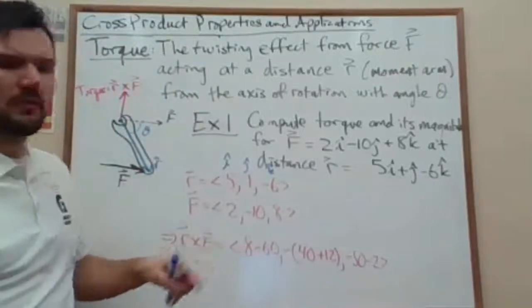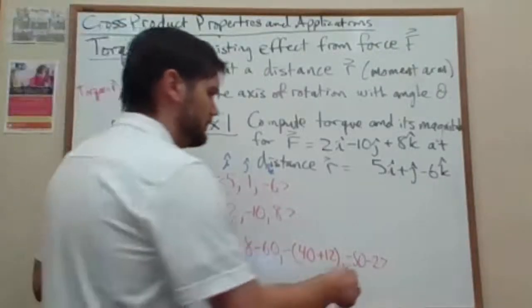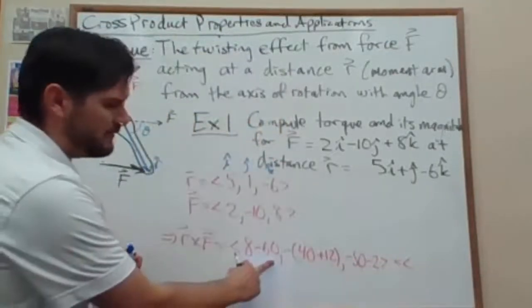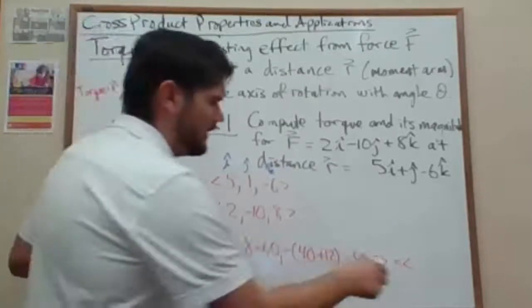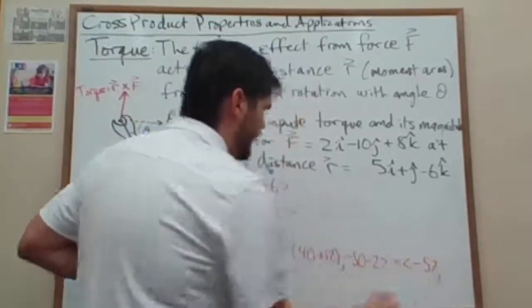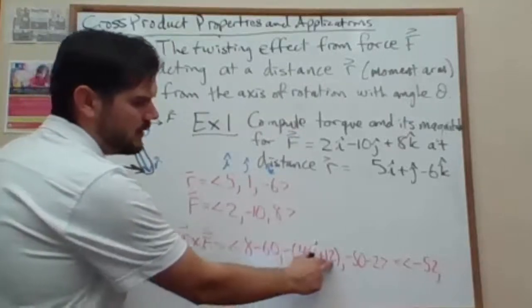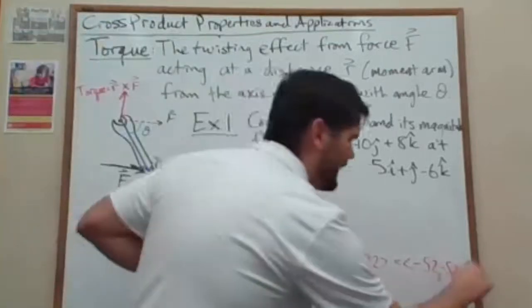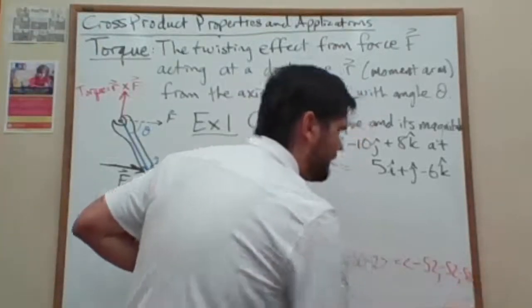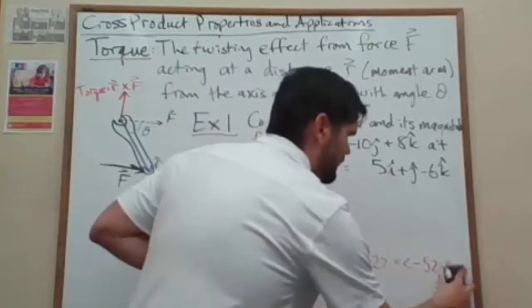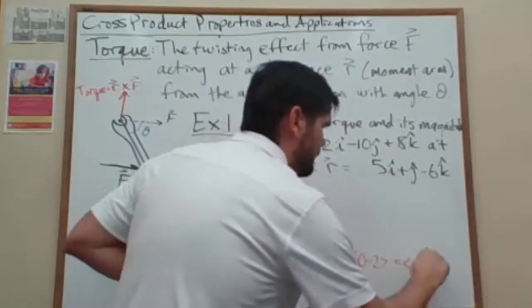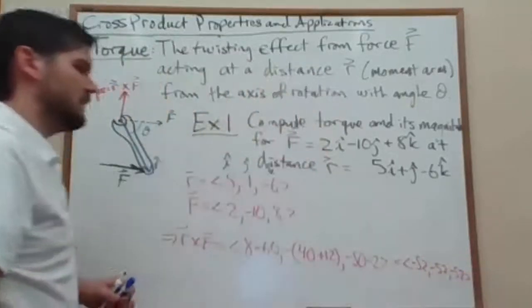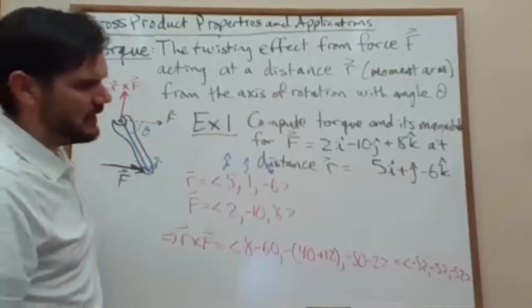Okay. So, simplify this down. We get 8 minus 60. That's 60 minus 8 negated, negative 52. Here we have a negative of 40 plus 12. That's also a negative 52. And that one is a negative 52 as well. Okay, so interesting.